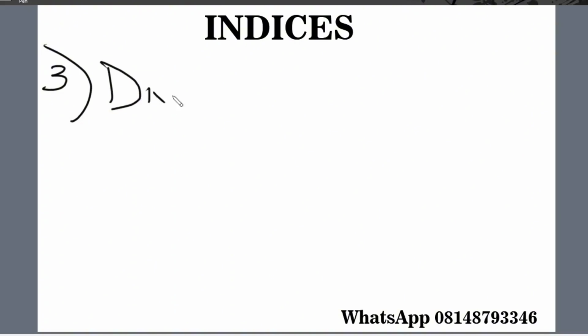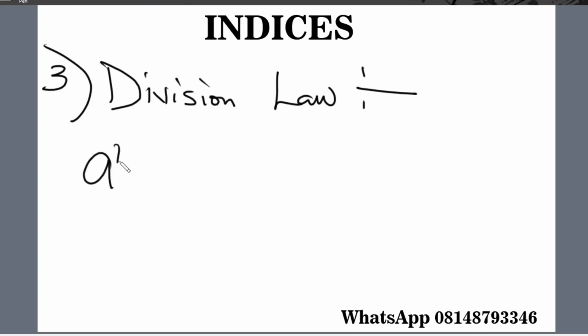Now let's look at the third law, which is the division law. Division law states that if you divide two terms of the same base, simply subtract their index or power. Now take for instance, we have a raised to the power 7 divided by a raised to the power 3.